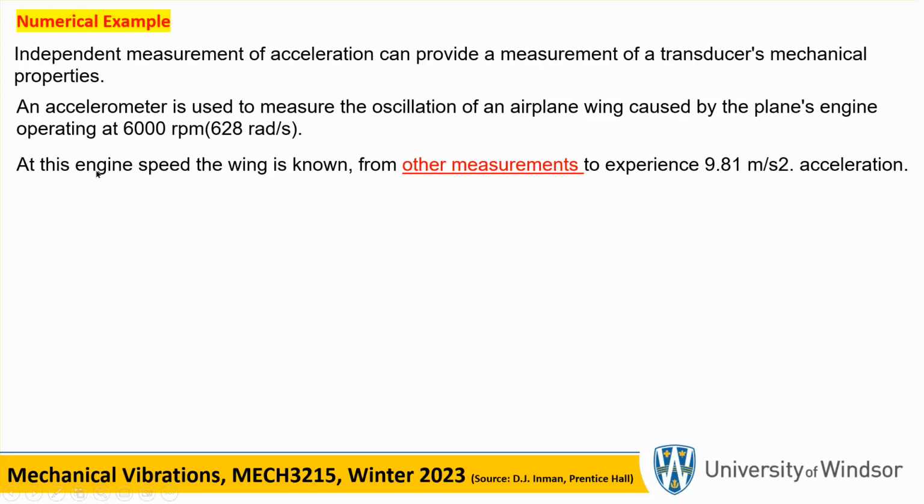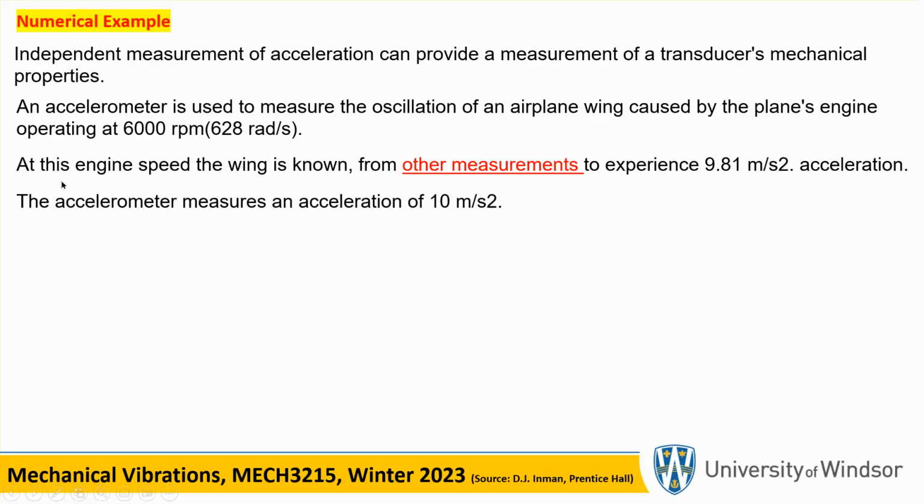We know that for this engine speed, the wing, measured by another accelerometer, experiences 9.81 meters per second squared. So you used another device and came up with 9.81 meters per second squared. It's not the accelerometer that you're interested in, but something else at that speed. It predicted that the acceleration is 9.81, 1g.